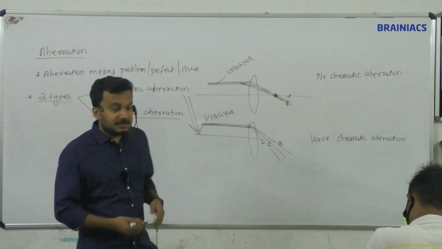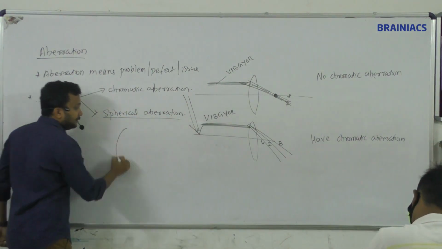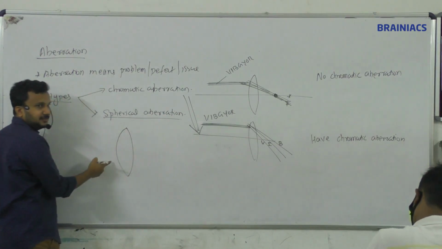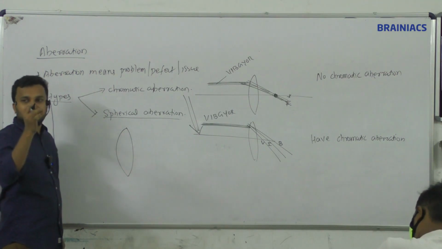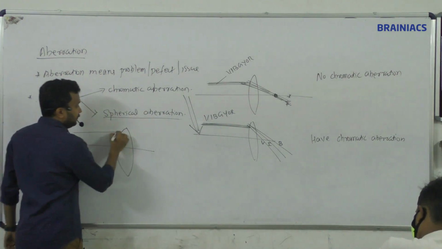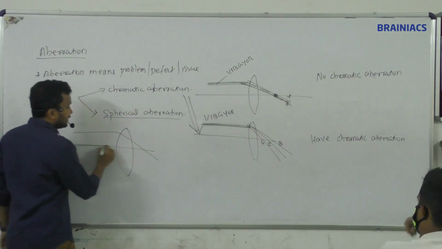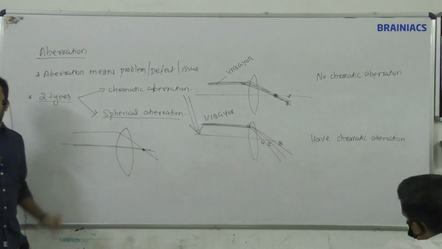In spherical aberration, the word itself indicates spherical. A lens will have two curved surfaces, right? One surface, second surface. This curving is smooth, very polished. If light is coming, it meets exactly at the focus.